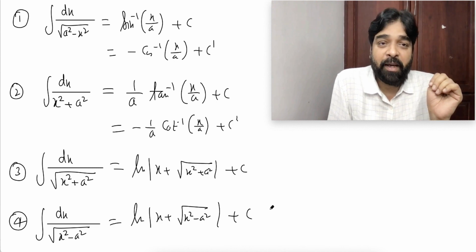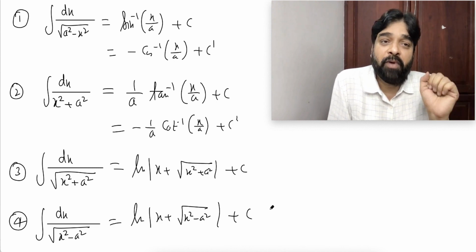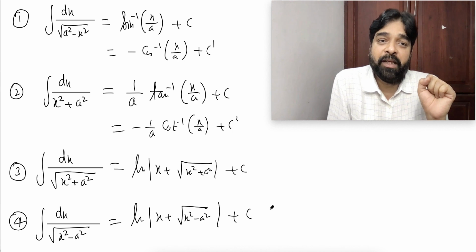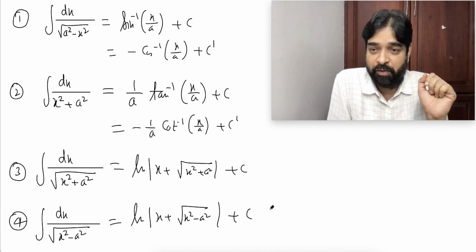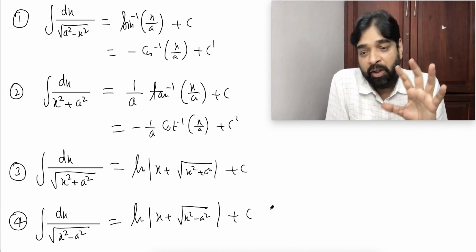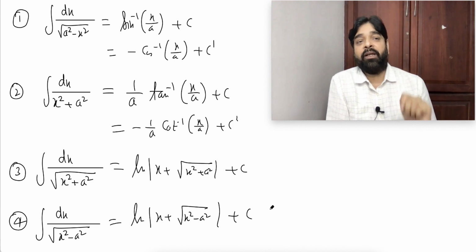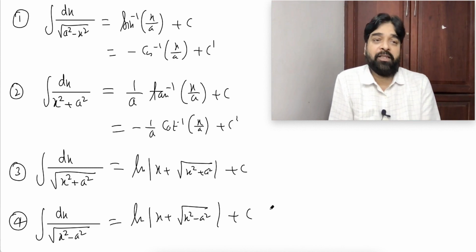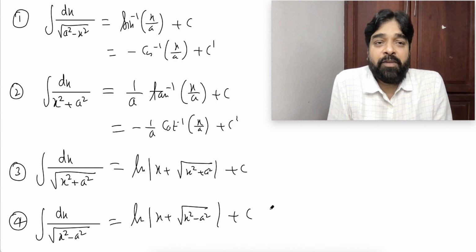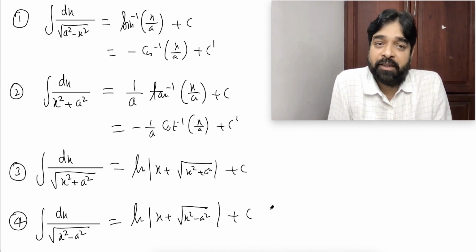Dx by x square minus a square, root of x square plus a square, root of x square minus a square, root of a square minus x square. These four formulas will be done after doing partial fraction. So in the next class we are going to learn how to use partial fraction in indefinite integration.